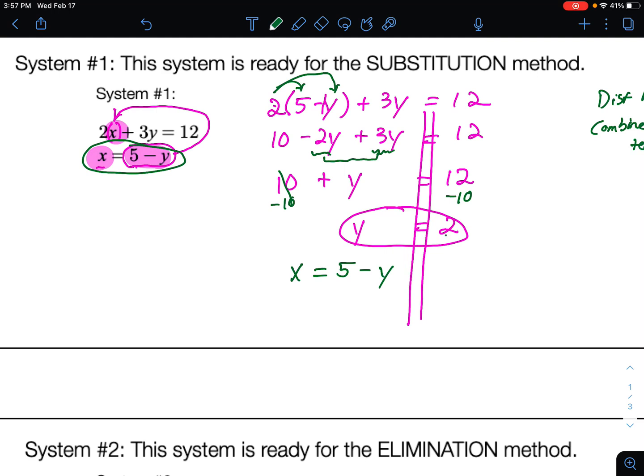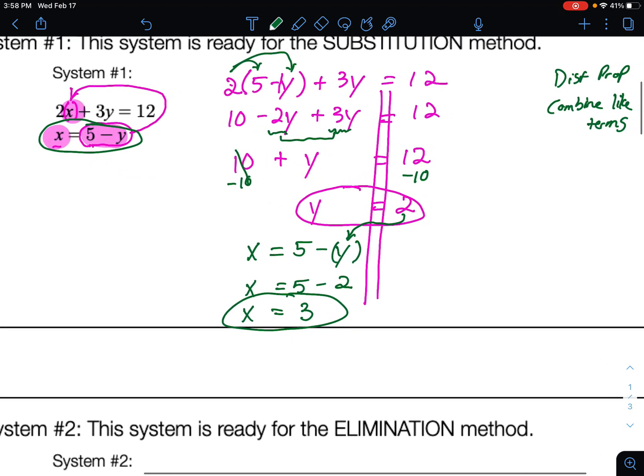So we can substitute that 2 in for the y, and therefore get 5 minus 2. And 5 minus 2, of course, is 3. So x is equal to 3.